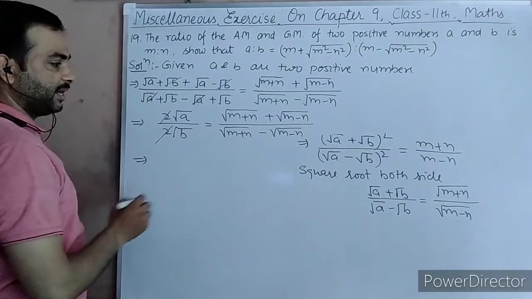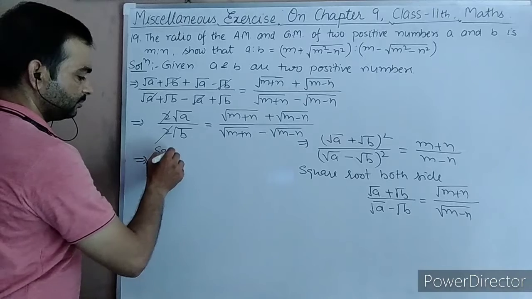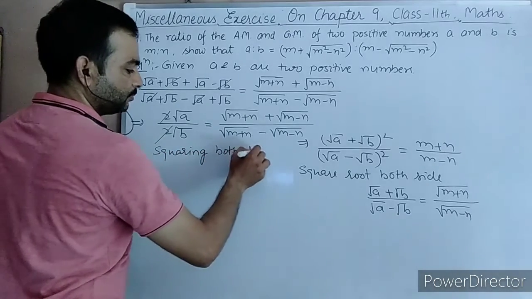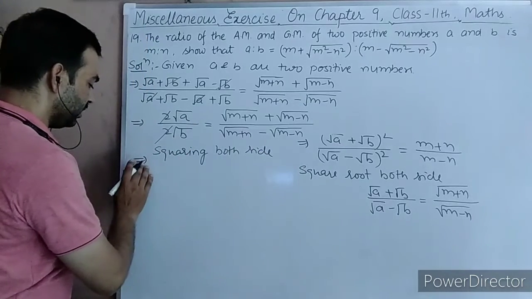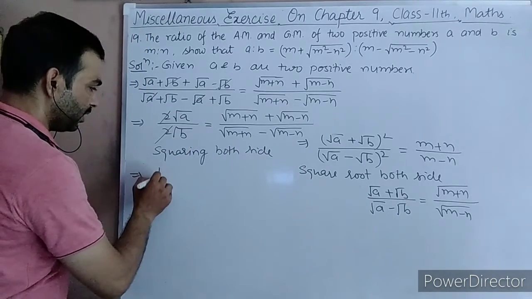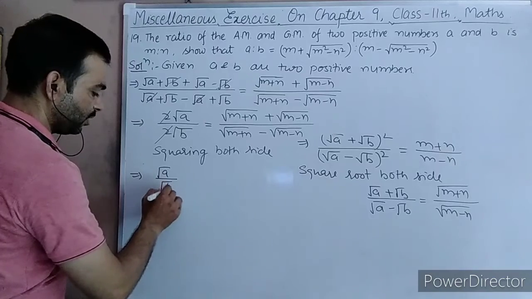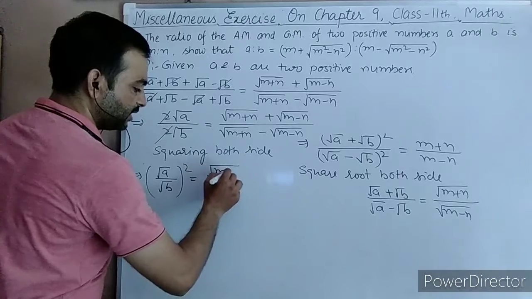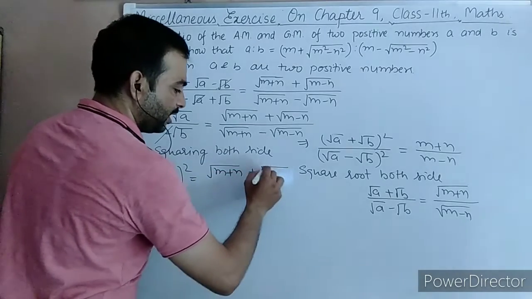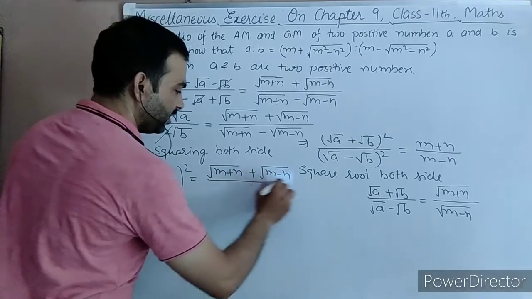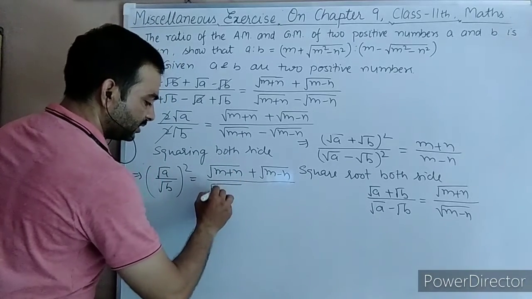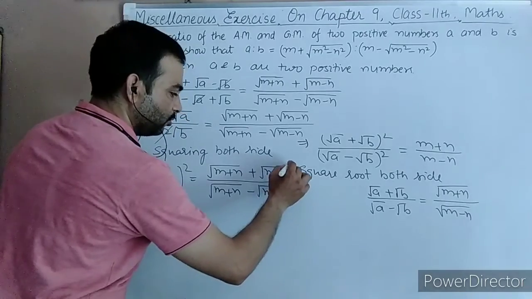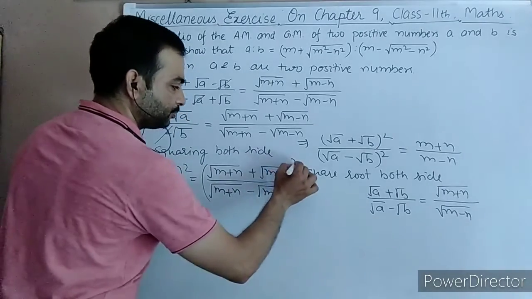Now squaring both sides, this implies (root a by root b) whole square is equal to ((root m plus n plus root m minus n) divided by (root m plus n minus root m minus n)) whole square.